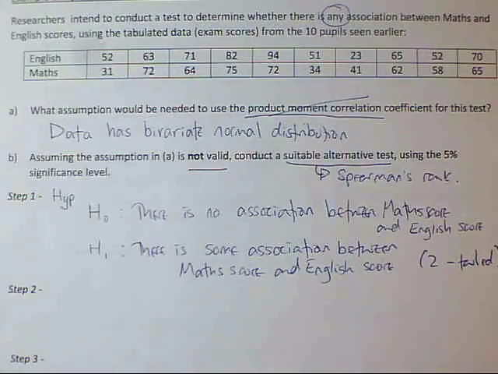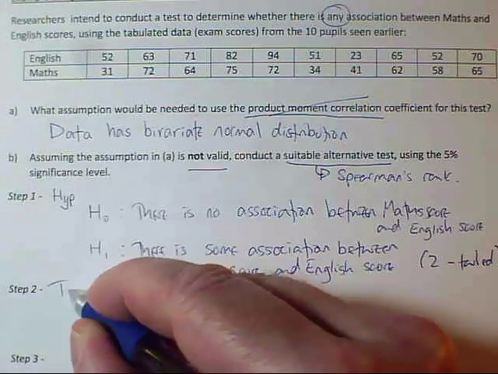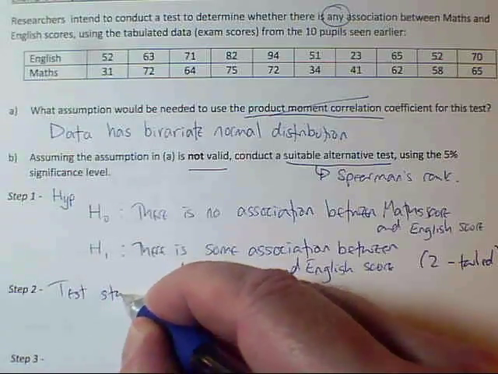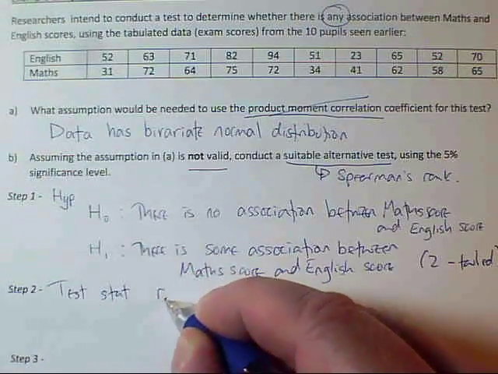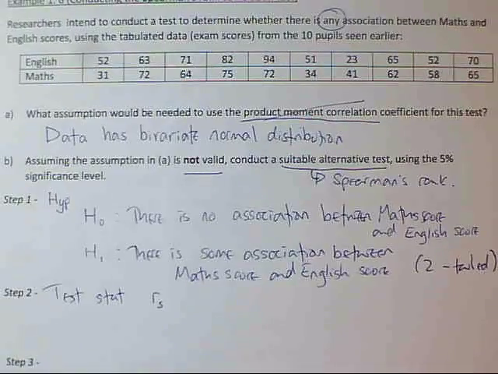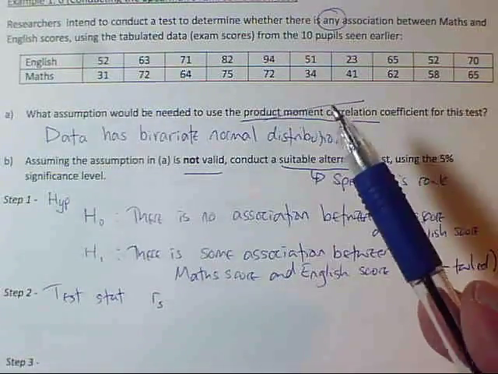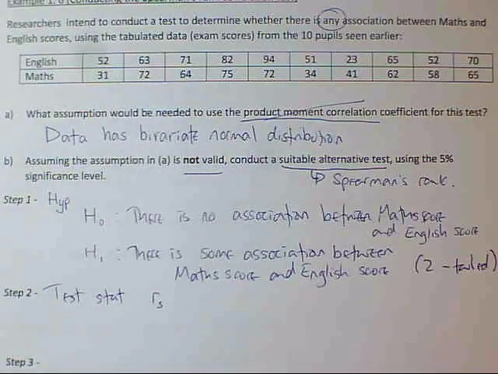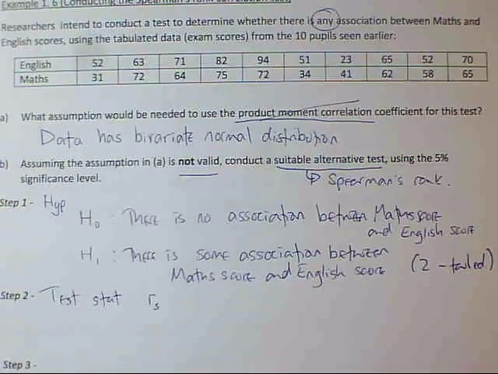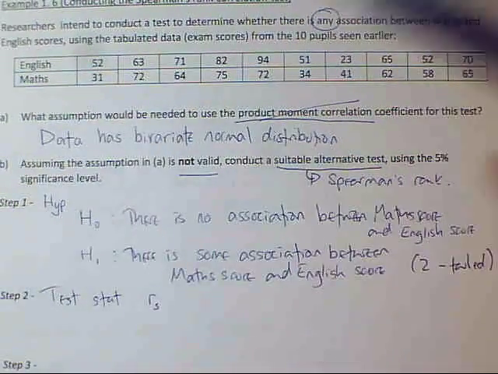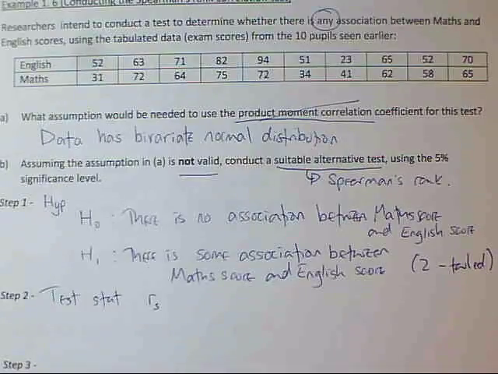Okay, now step 2. Step 2 is always to work out the test statistic. Okay, so that's going to be my RS value. Well, I can get RS from my calculator, but I can't get it from the raw data. I have to put ranks on the data. So we normally work from low numbers to high numbers. Both of these sets are ordered in the same way, so no reason not to do it that way.